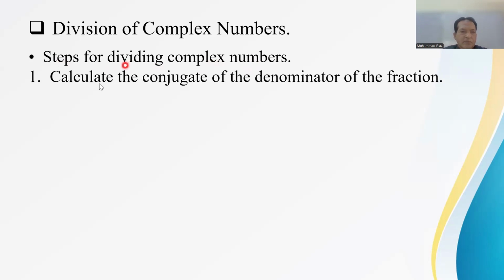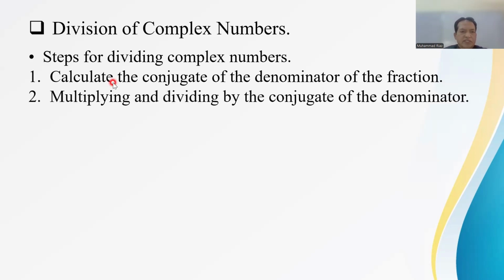The first step: calculate the conjugate of the denominator of the fraction. Meaning you are given a complex number in the form of a fraction with numerator and denominator, so first of all find the conjugate of the denominator.